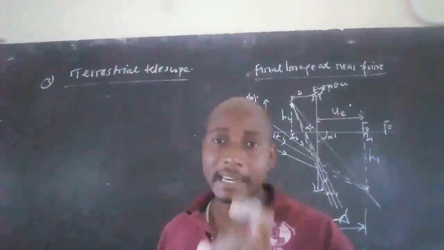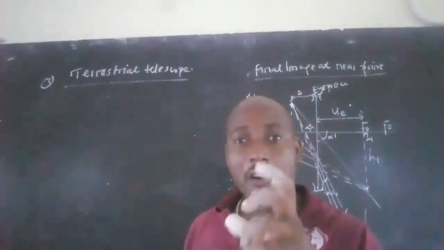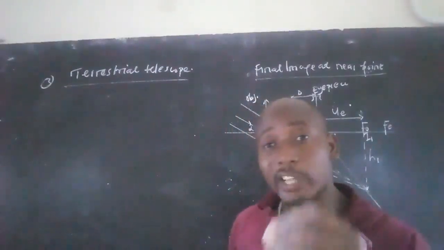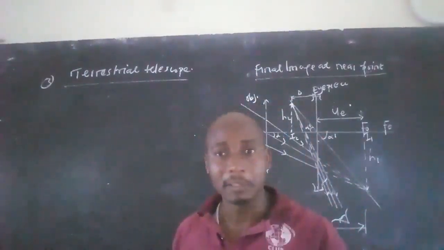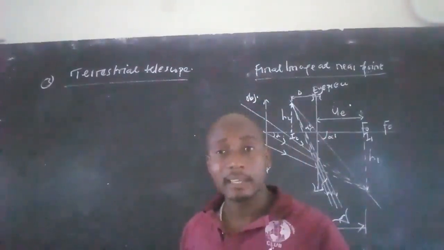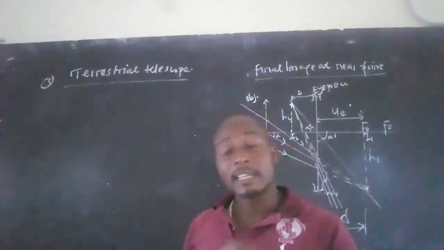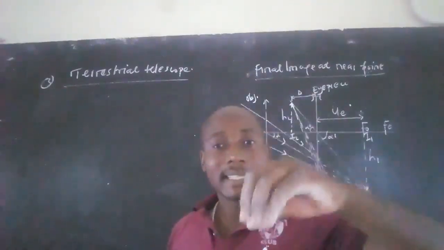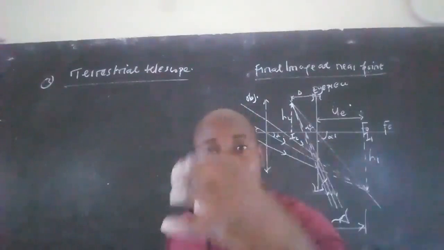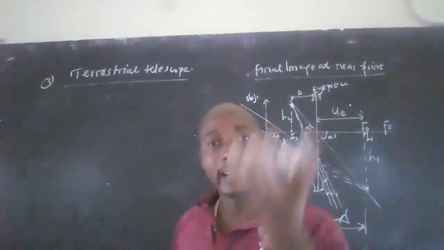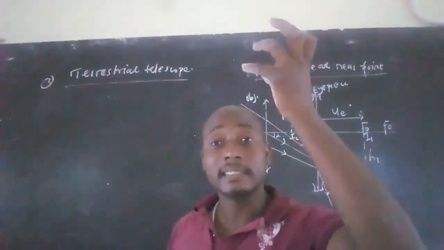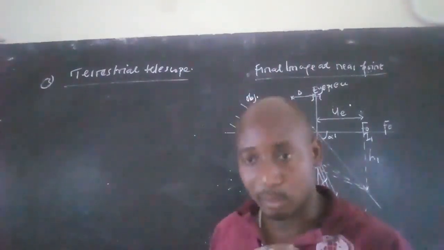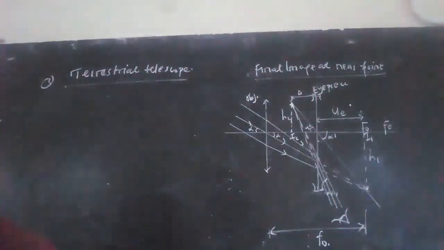Now that disadvantage can be minimized or overcome by using another telescope which will help to solve that problem. That telescope is called what? It's called terrestrial. In that telescope there is a third lens that was inserted in order to make the inverted image erect. And this lens, we call it erecting lens, as I want to show in the diagram.